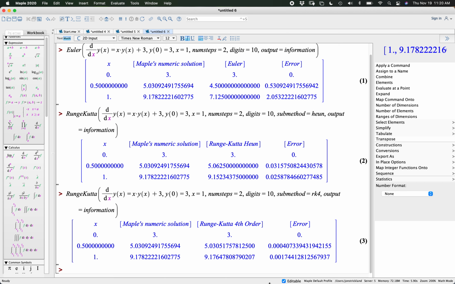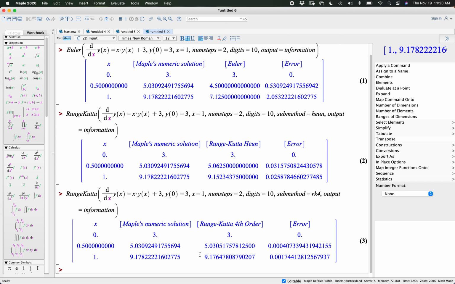So the Runge-Kutta in 2 steps gave us this number, 9.176478, and that's very close to Maple's numeric solution, 9.178222.